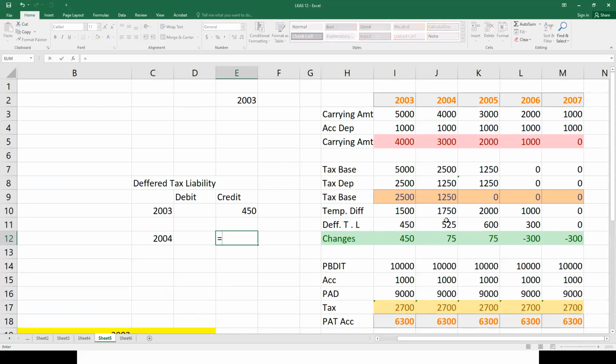This balance is the temporary difference times the tax rate, equal to 525. So it should be a closing balance. Earlier our balance was 450. It should be 525 in 2004.